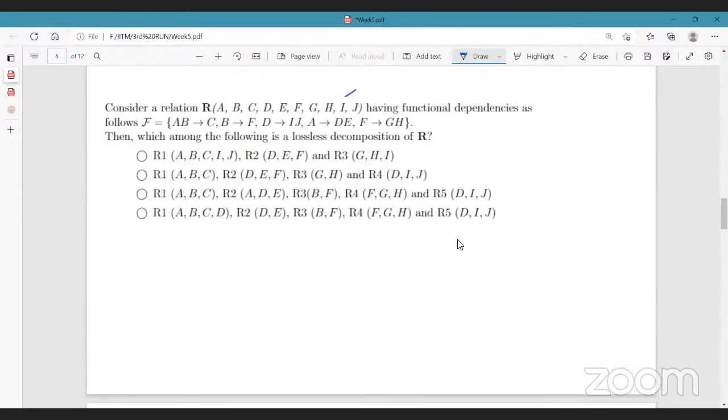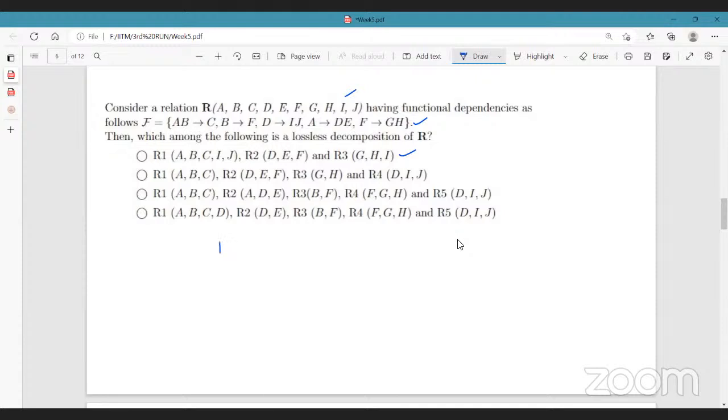So we'll head to an example. This is the relational schema and these are the functional dependencies set. Now we have to find out which among these options is a lossless join decomposition. So here, instead of two decomposed relations, we have three decomposed relations, right?